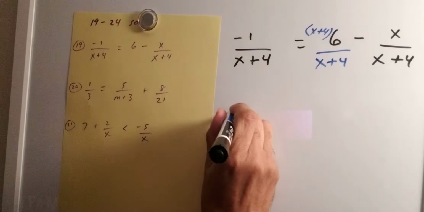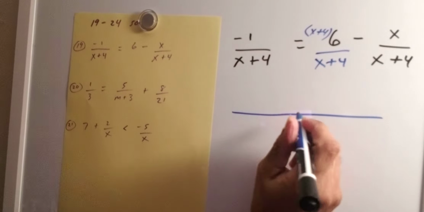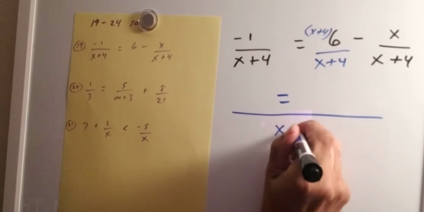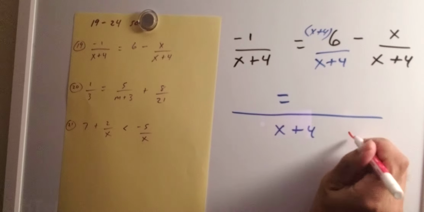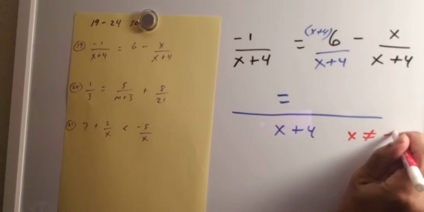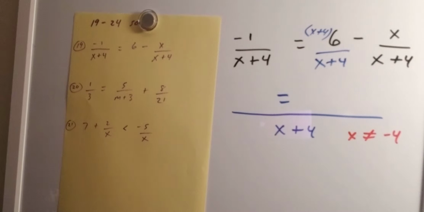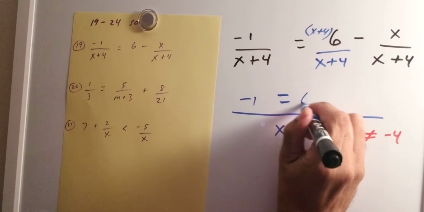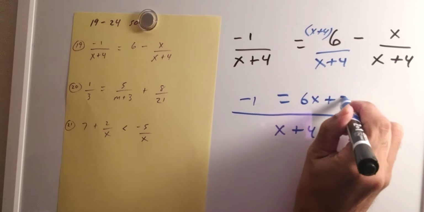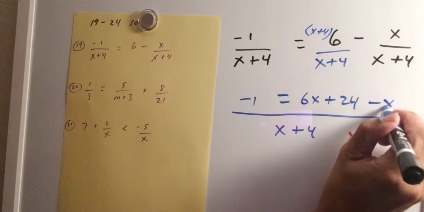Now, x plus 4 is in the denominator. x cannot equal negative 4. We've dealt with the restriction. We only need to focus on the numerator. We have negative 1 equals 6x plus 24 minus x.